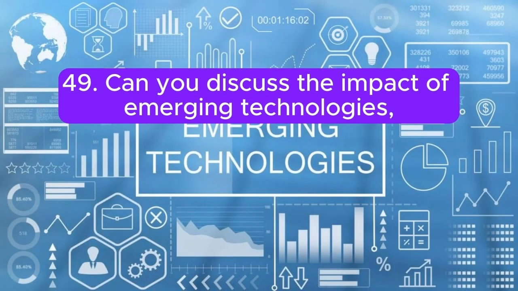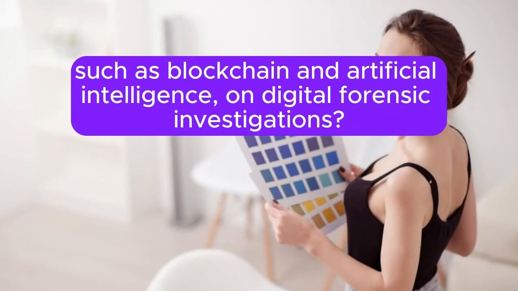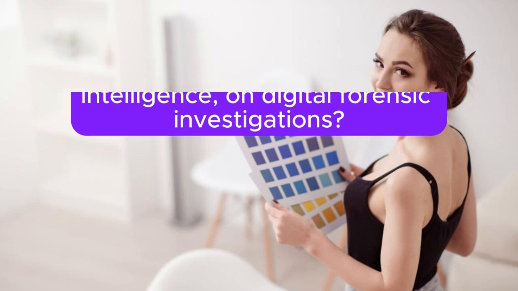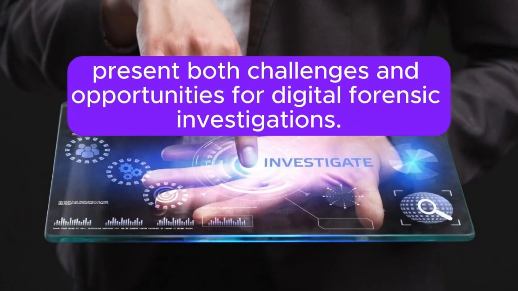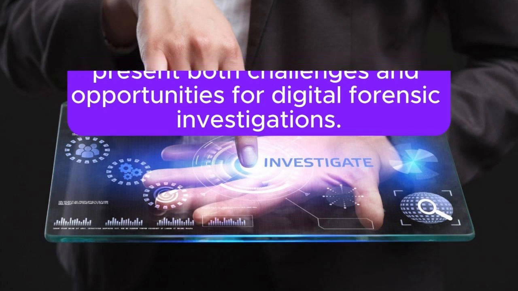49. Can you discuss the impact of emerging technologies, such as blockchain and artificial intelligence, on digital forensic investigations? Answer: emerging technologies like blockchain and artificial intelligence present both challenges and opportunities for digital forensic investigations.